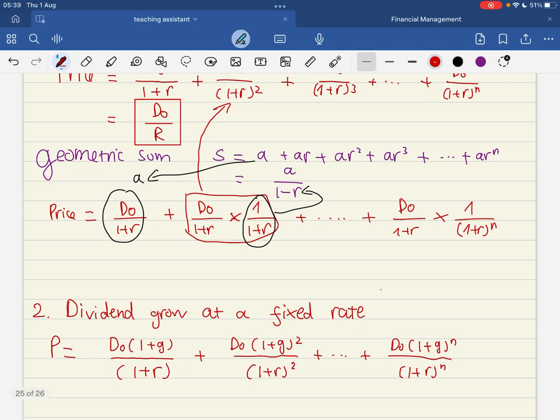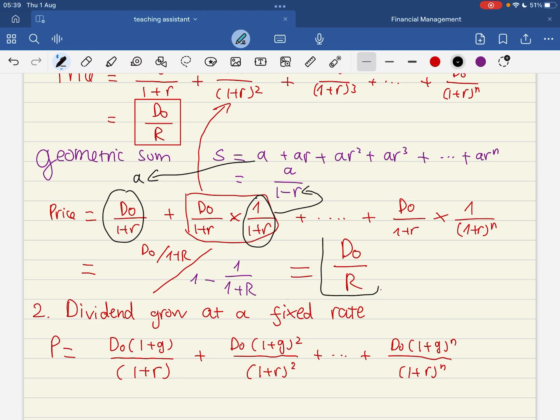We can shorten the formula much more, and it will become D0 divided by 1 plus R, divided by 1 minus 1 divided by 1 plus R. This one is equal to D0 divided by R.